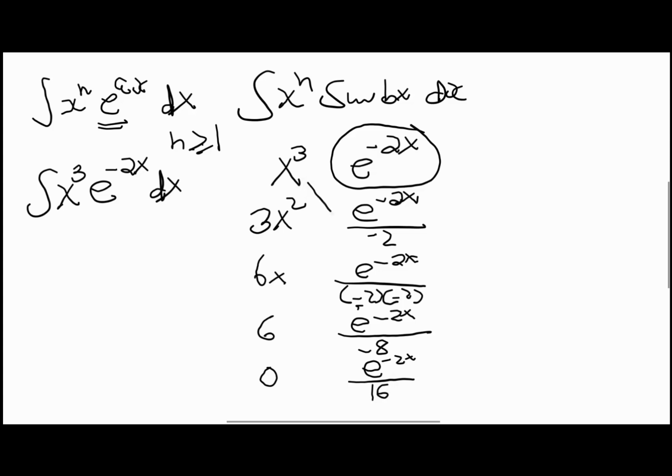So now we would do this, combine them diagonally via multiplication. Okay, and our pattern will be this: sign of this term will be plus, this would be minus, then plus, and then minus. So once we do that, what we get this integral as is x cube e to the negative 2x over negative 2.